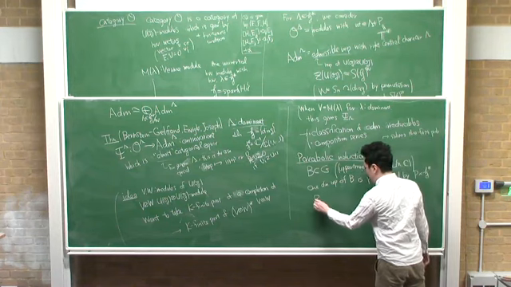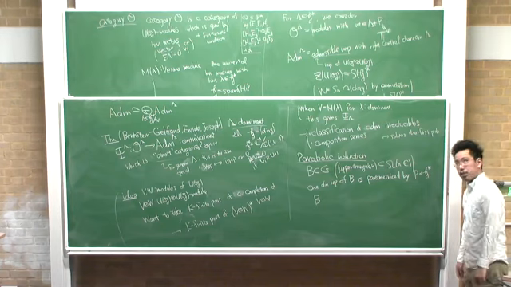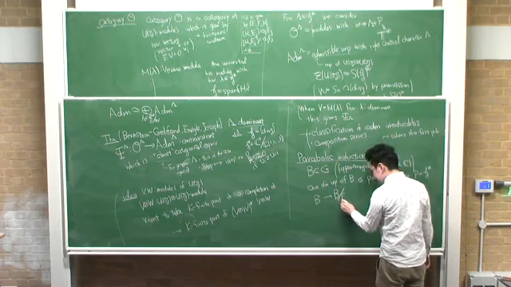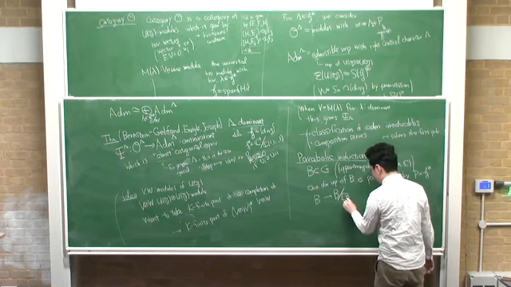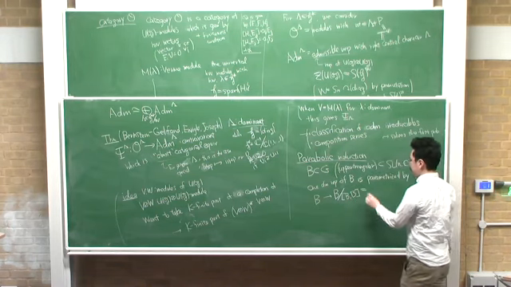So how can you give this? If we have a one-dimensional representation of B, this factors through the abelianization of B, which is just the diagonal.